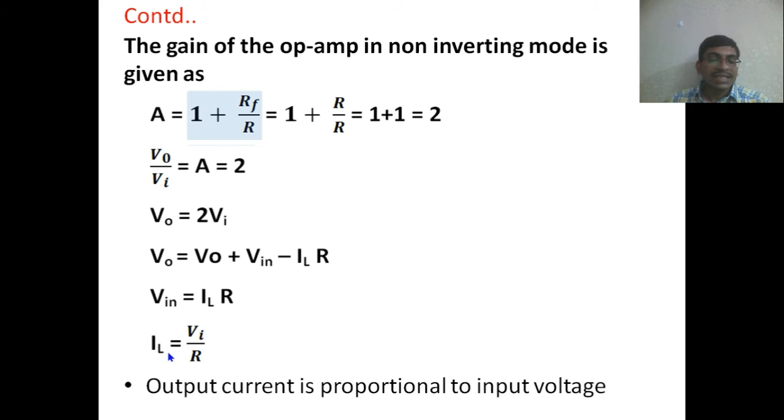So we can say IL, the load current, is directly proportional to the input voltage VI. The output current is proportional to the input voltage, so we can say this circuit is working like a voltage to current converter. The input voltage is controlling the output current.